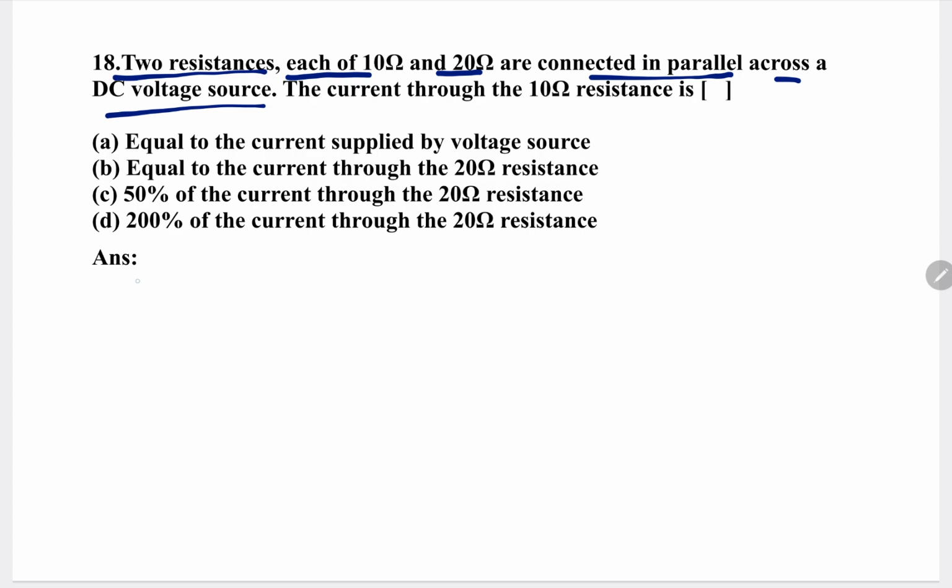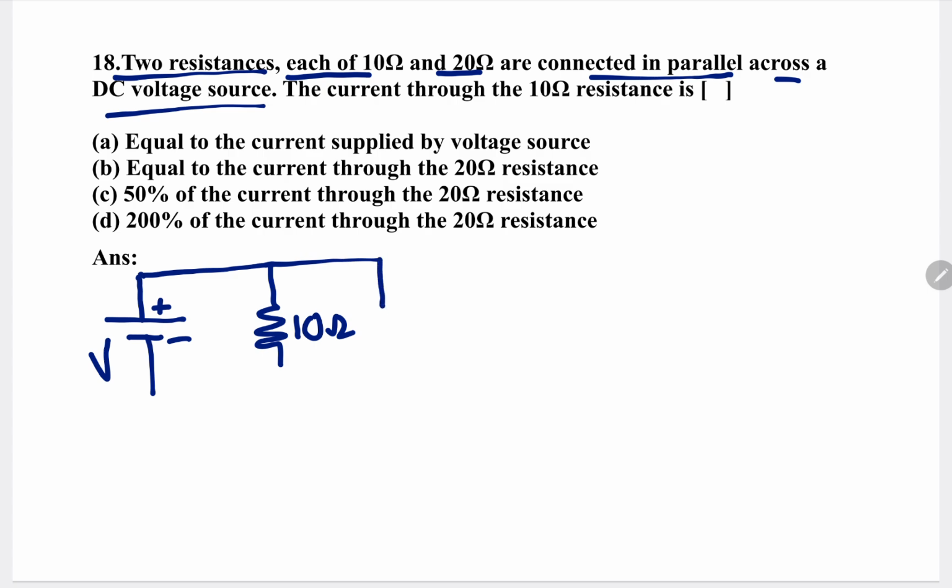This is the DC voltage source, plus and minus, with voltage value V, and the 10 ohm and 20 ohm resistors are both connected in parallel across the supply, across the battery.